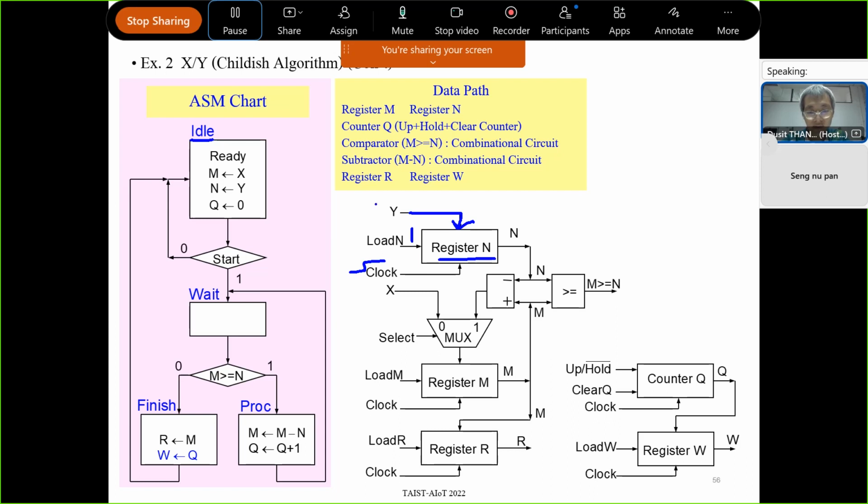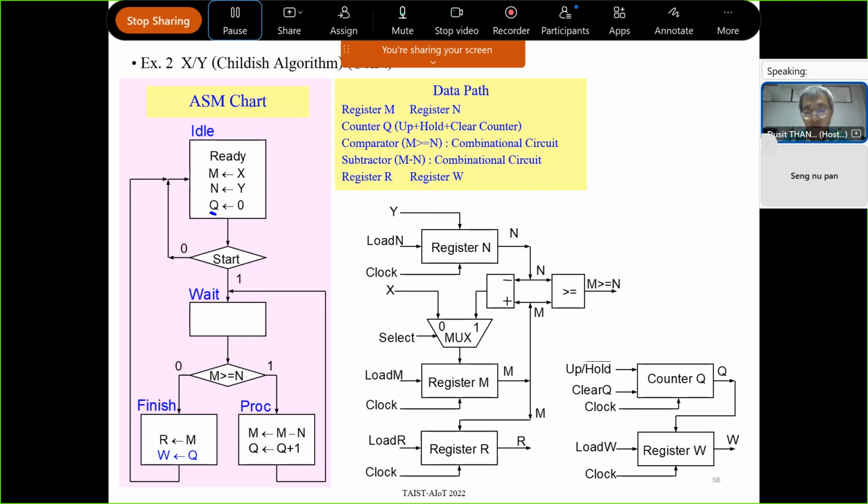For state idle, register m is also at state idle, load m should be 1, and then when the clock ticks, it reads data from this. And at state idle, if select is 1, then data from x will feed to register m.